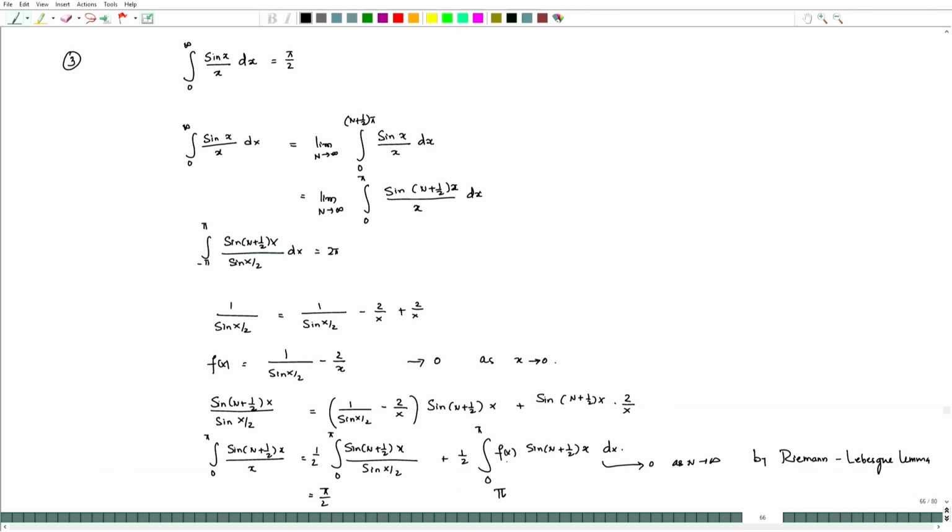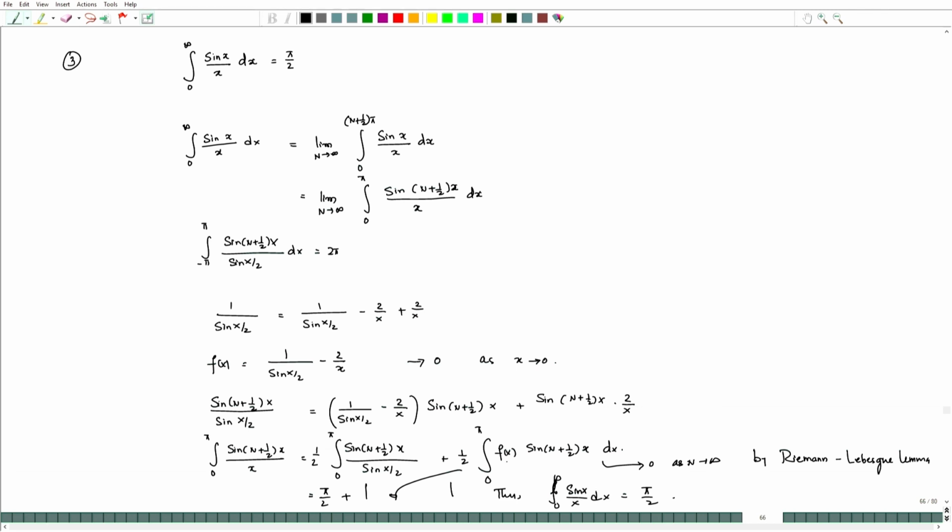Thus the integral from 0 to infinity of sin x by x dx is equal to pi by 2, and that is what we have proved.